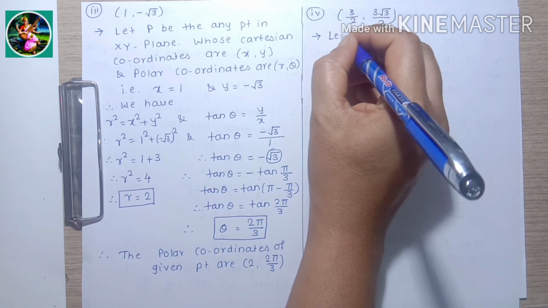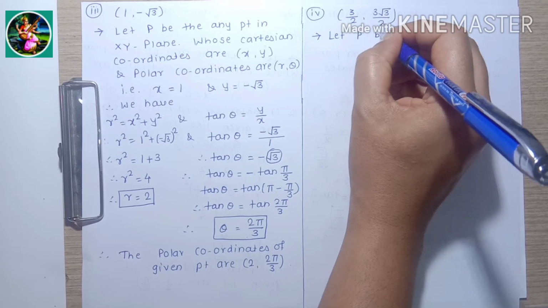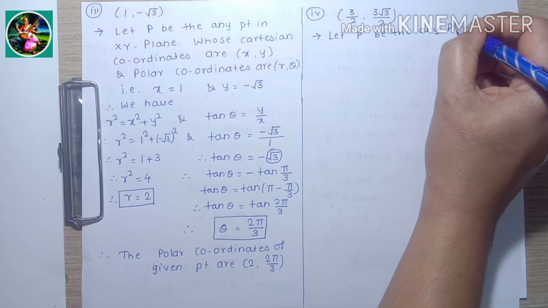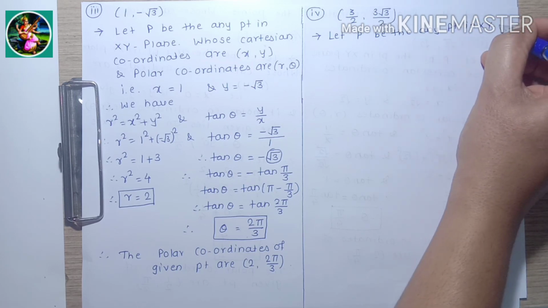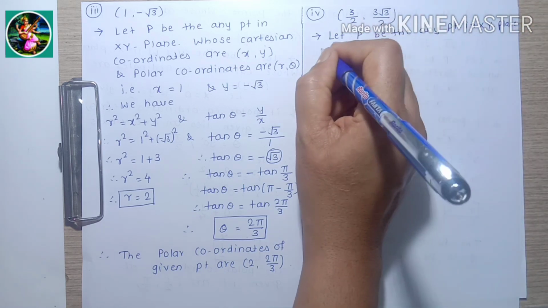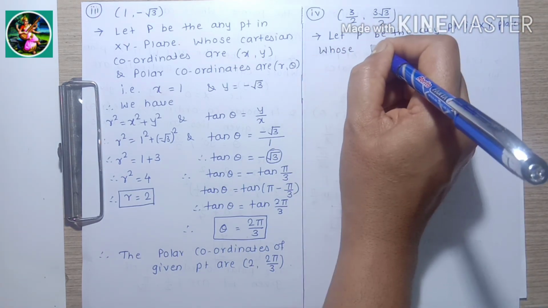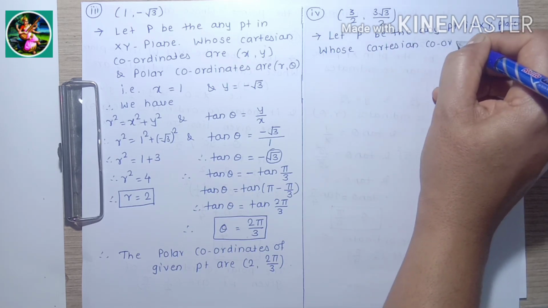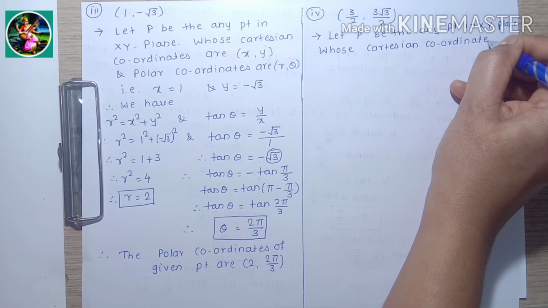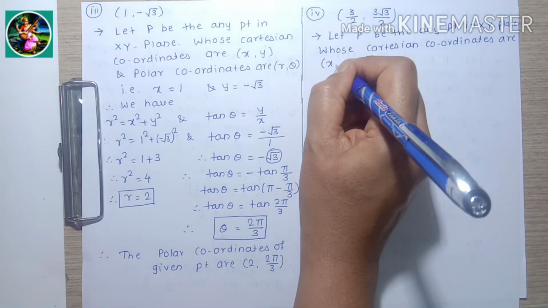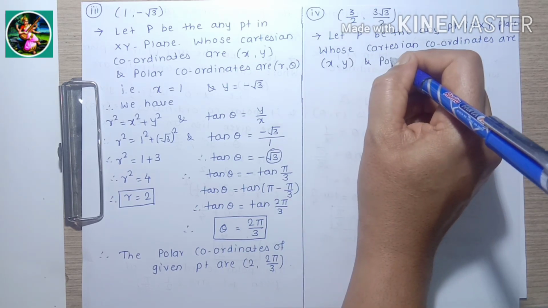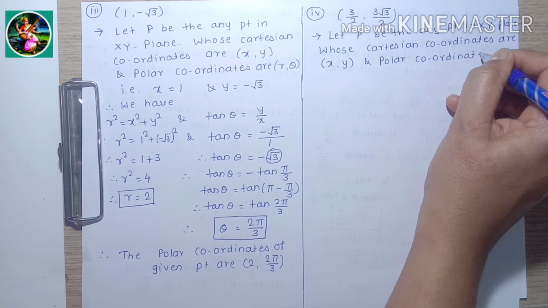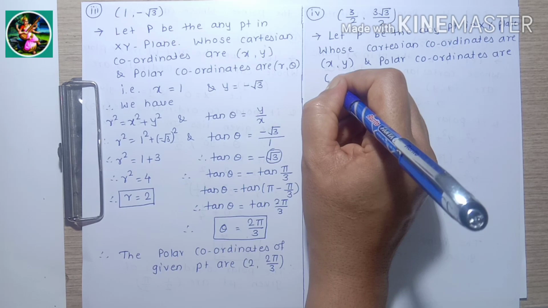Again here we consider the point P to be any point in the xy plane whose Cartesian coordinates are x, y, and polar coordinates are r, theta.